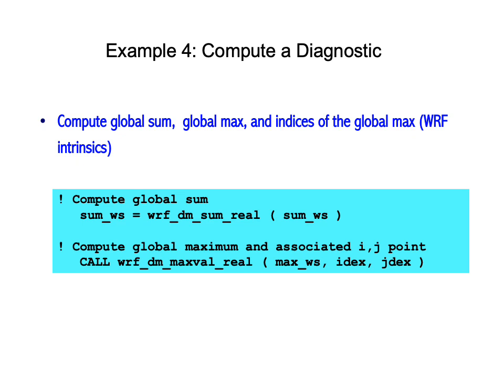Every one of the MPI processes will send its individual sum to the master node, and then the master node returns from this function the total domain-wide sum. Similarly, WRF DM max val real not only gives us the maximum value, but it returns the I and J index of those maximum values. This is a subroutine, since we have more than one argument that needs to be returned.